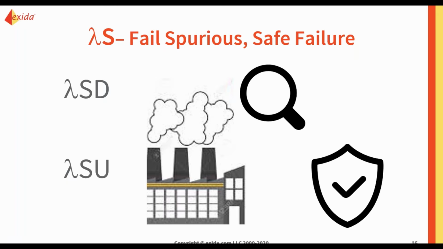So what does that really mean? In process industries, you can usually hear of this as a spurious trip. This means that you're operating in normal conditions. Everything's running smoothly, it's going well. For some reason, a failure occurs and your device thinks that a hazard has come up and it needs to shut down.